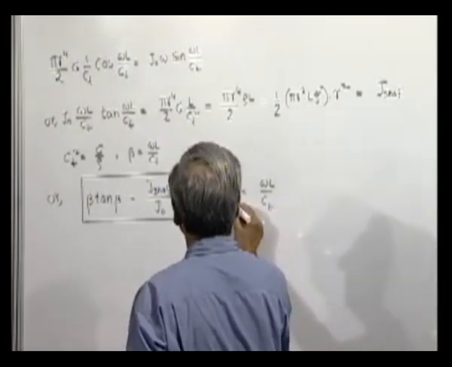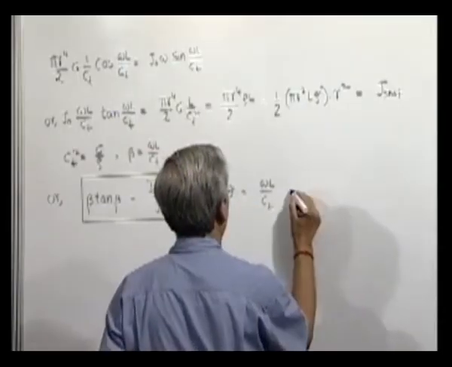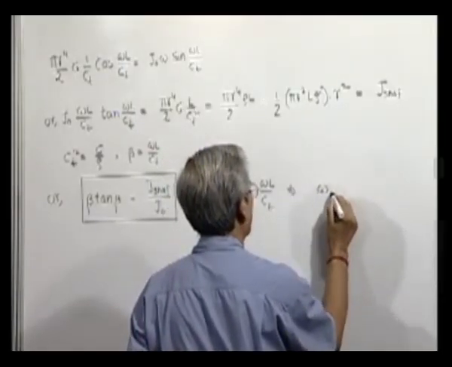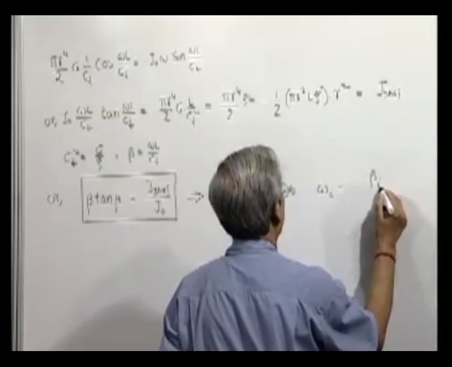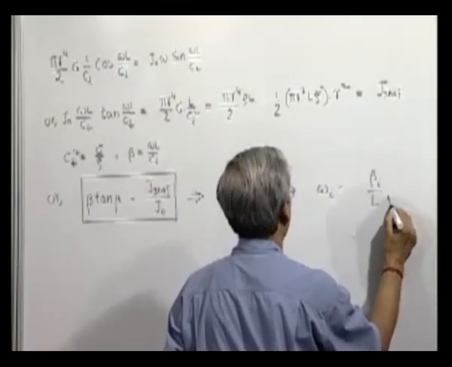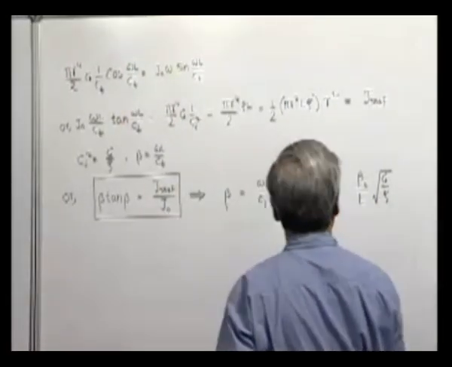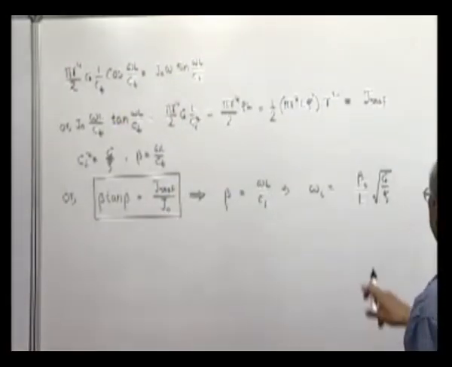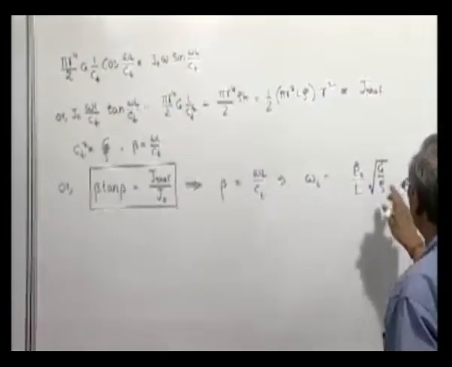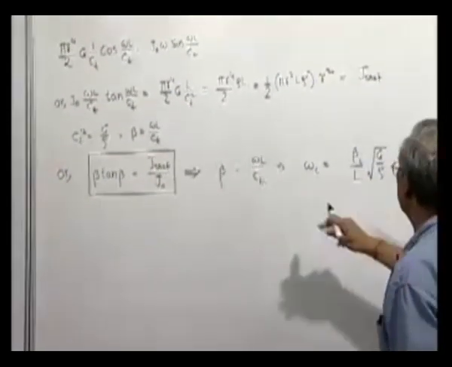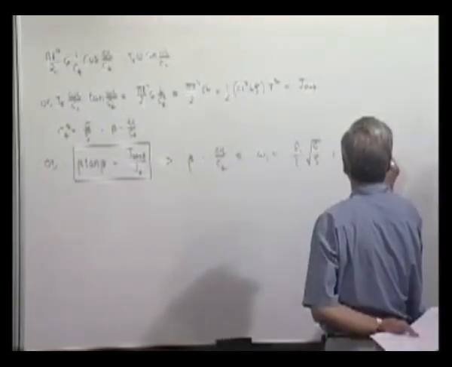So therefore, we will get an infinite number of values of beta. From this we will get a particular value of omega i, which is beta i by L into square root of G by rho. So substituting the value of beta that we get from the transcendental equation will give us the corresponding frequency, and of course i will be 1, 2, 3.